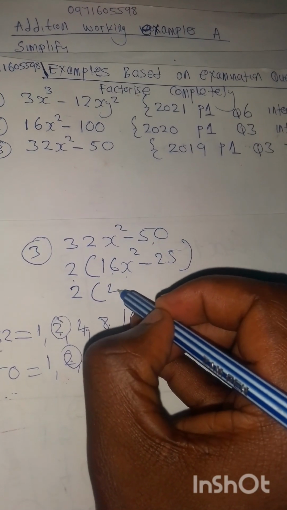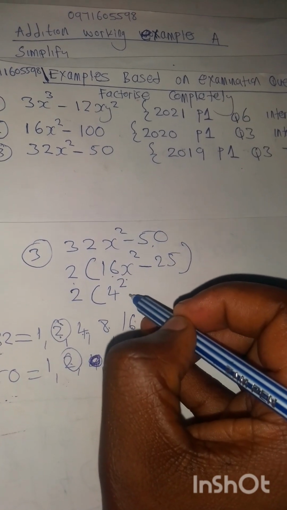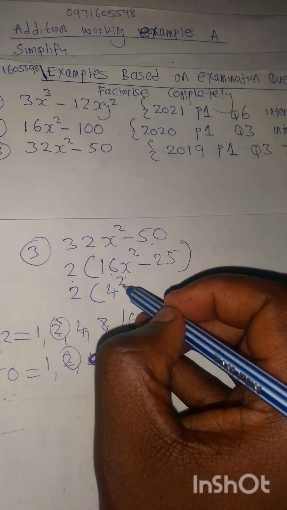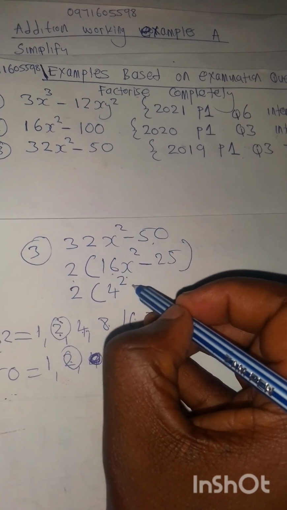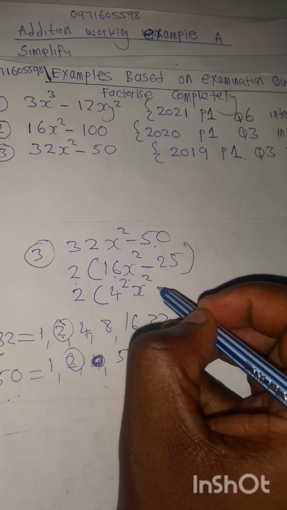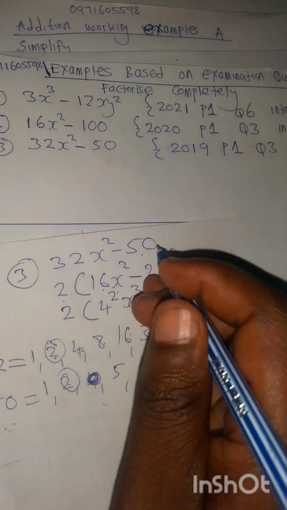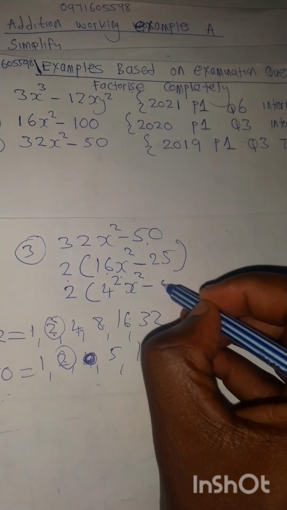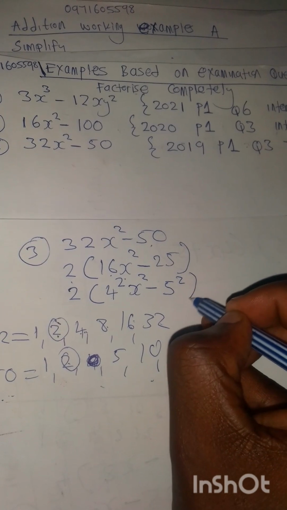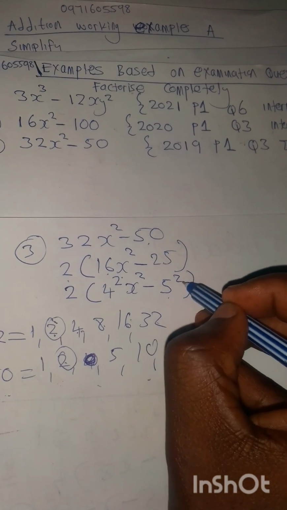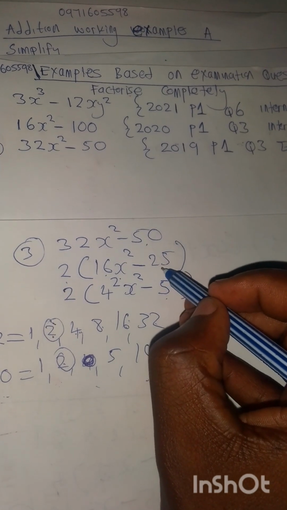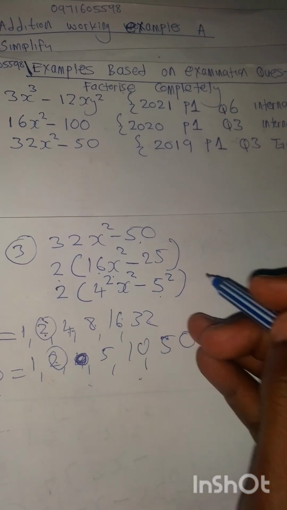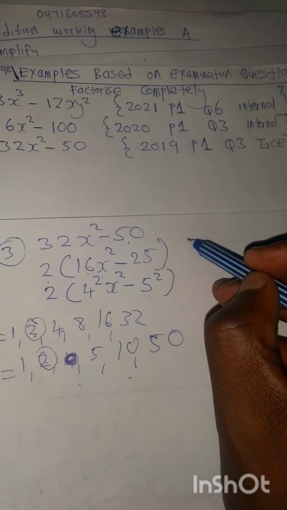So we say 4 to the power of 2, which is 16 because 4 times 4 is 16. Then we have x to the power of 2 minus 5 to the power of 2. This 5 times 5, you will get 25.